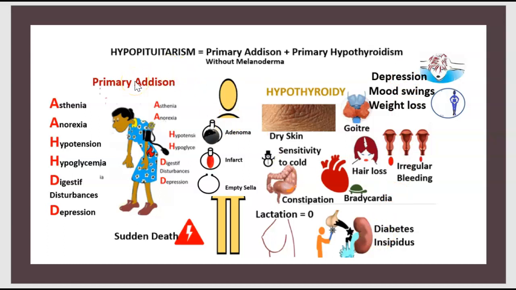Primary Addison: asthenia, anorexia, hypotension, hypoglycemia, digestive disturbance, and depression. In hypopituitarism, there is no melanodermia.